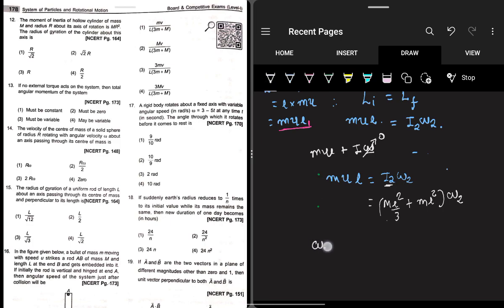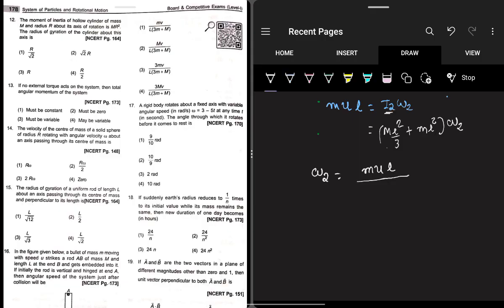So from here omega 2 is mul divided by capital M L square by 3 plus small m L square, right? We can cancel out these L's.